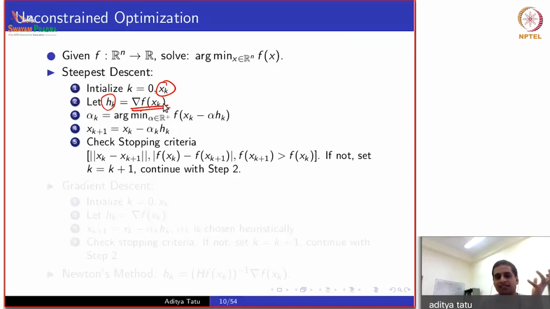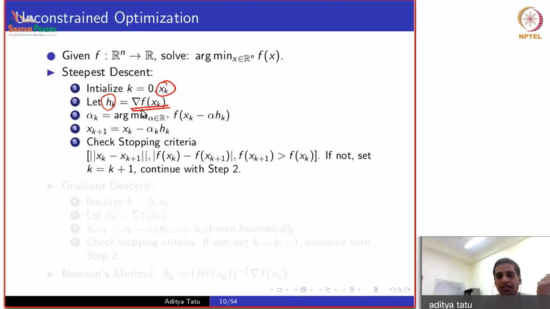Why is this important? The gradient of the function at xk gives me an idea that if I look in this direction, the value of the function will increase the most. After all, this comes from a linear approximation, not from some wild other function. This is the direction in which I should look if I want to increase the function maximum.